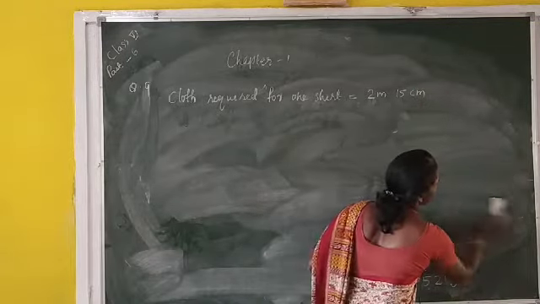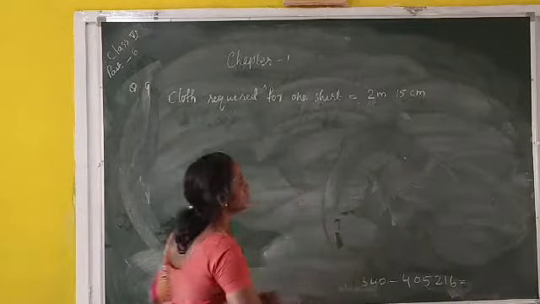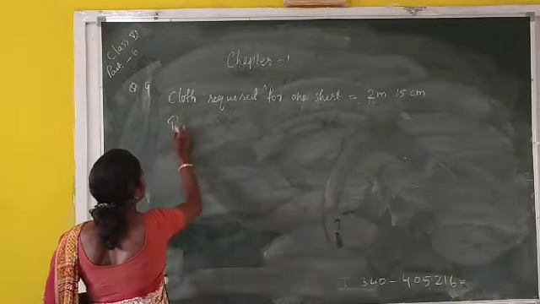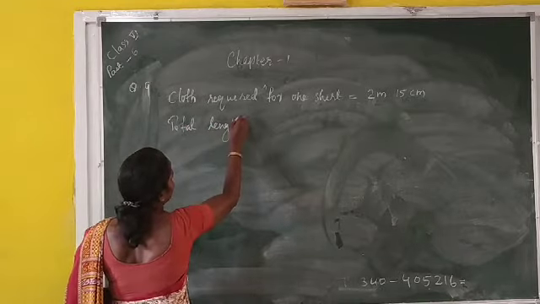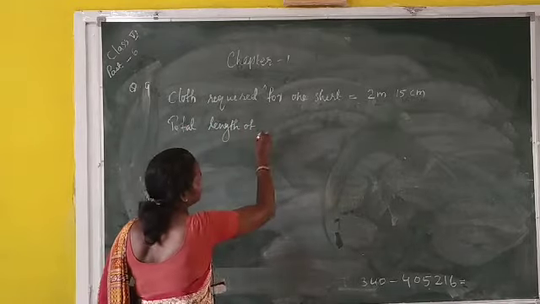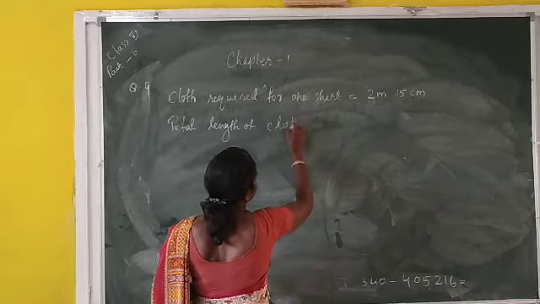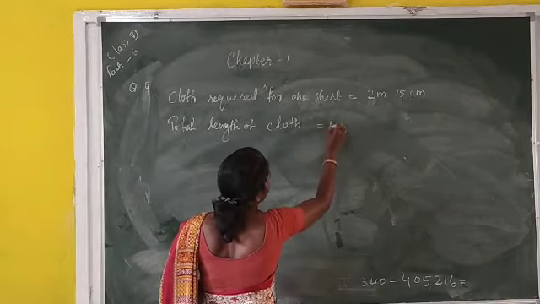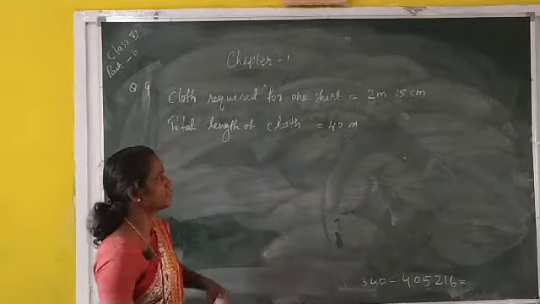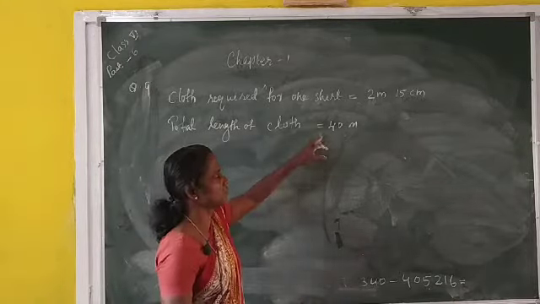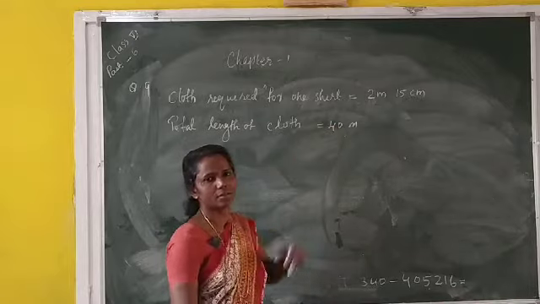And total how much length of cloth? Here total length of cloth is equal to 40 meter. Then out of this 40 meter cloth, how many shirts can we stitch?